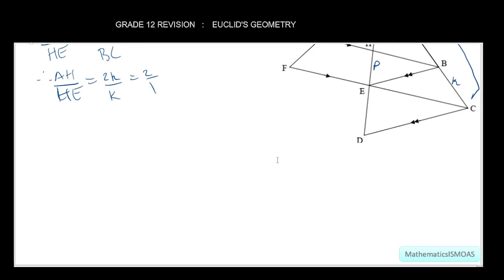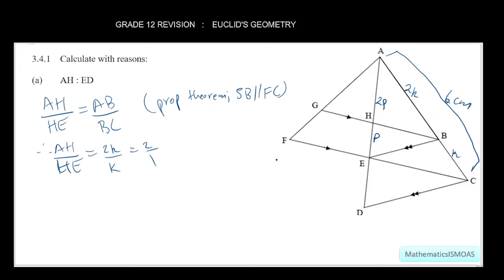So for ED, I'm going to concentrate in triangle ADC. I think it's best that we write down the triangle. But I'm going to draw it down here again for you, extract it from the diagram. I think it will be easier for you to see what is happening.